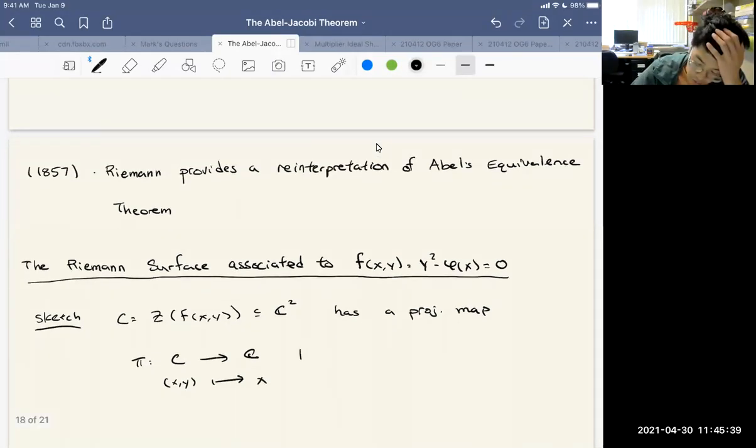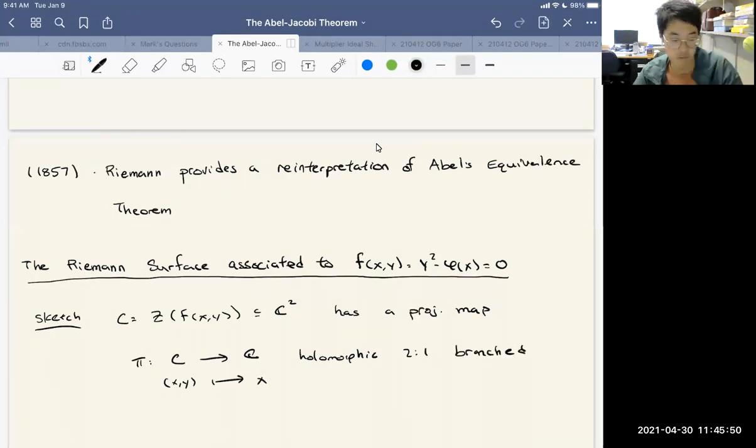And this map is holomorphic. One can show that it's 2 to 1 and it's branched at several points. The number of points at which it's branched is related to the degree of the square-free polynomial phi.